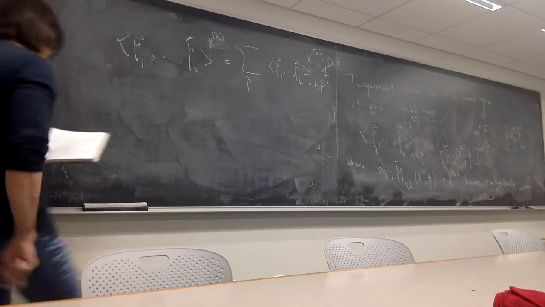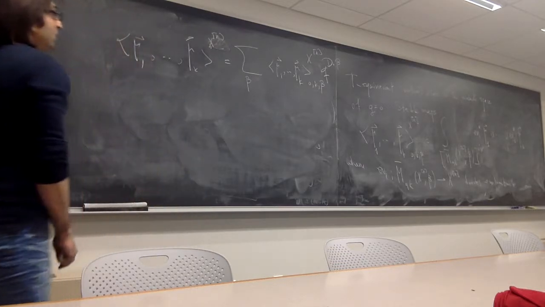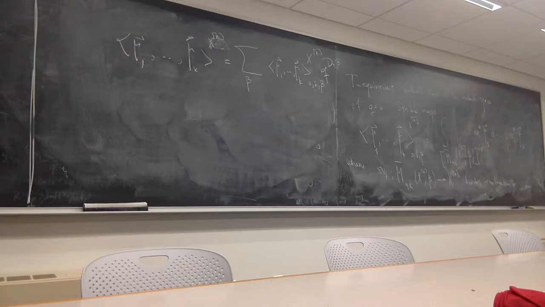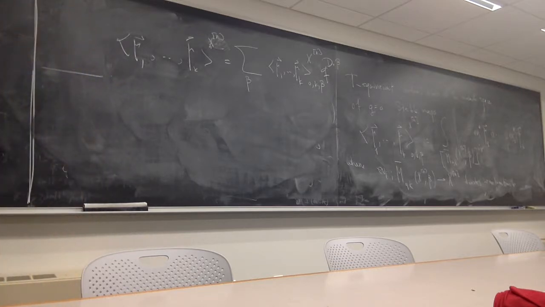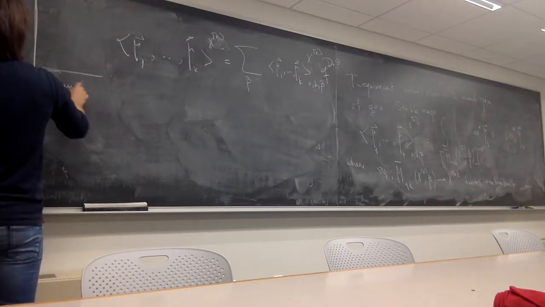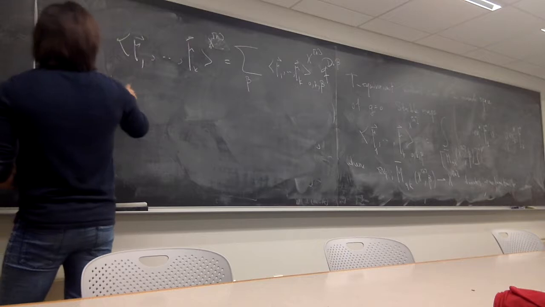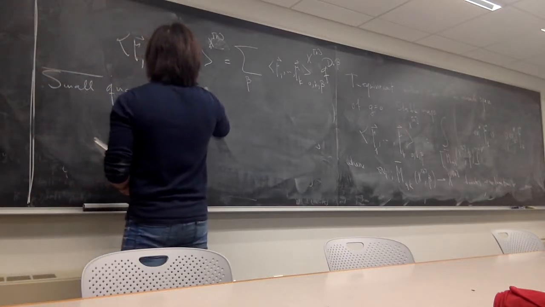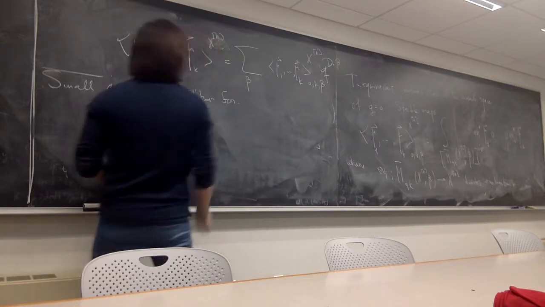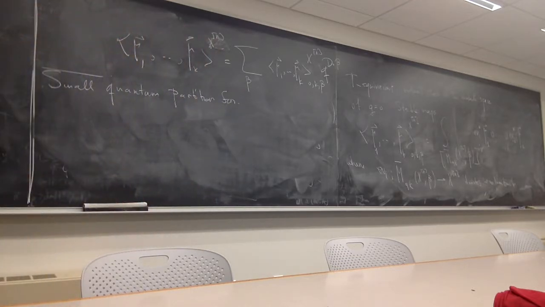Okay. So that's the partition function of these Gromov-Witten invariants. Then we can also define the small quantum partition function, which just means the three-pointed functions.